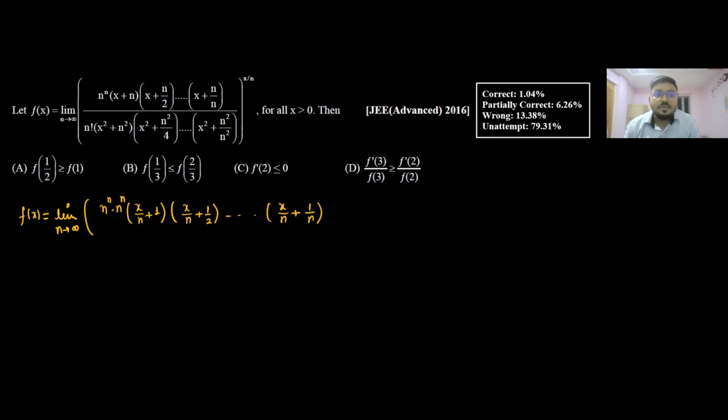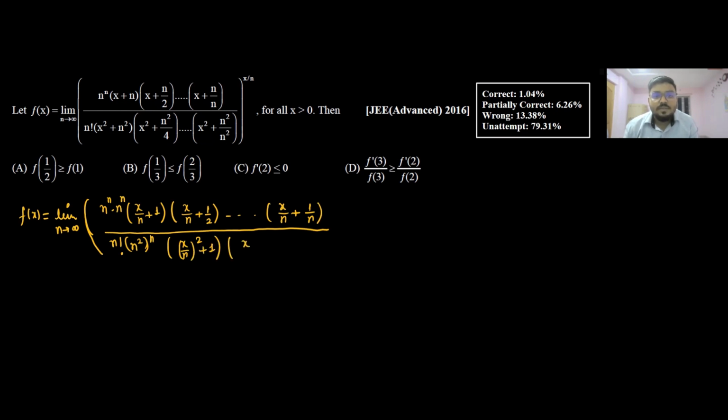Now in the denominator portion, n factorial is written, and we are going to take n square common from each of the factors from this one, and we are having n brackets. So we will be having n square to the power n common, and in the brackets we are left with x by n square plus 1.